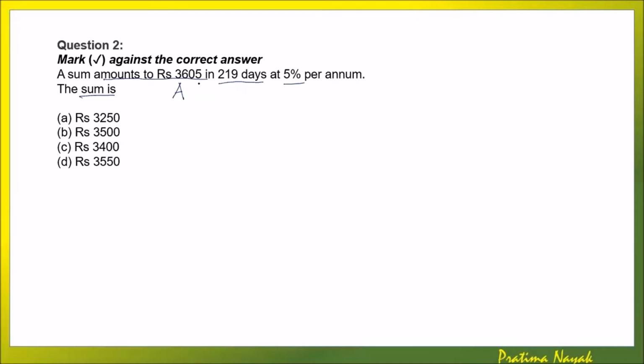So this is your amount, and we'll get the principal. Let the principal be P. Then SI is equal to P into R into T. R is 5% per annum, 5 by 100, and time is 219 by 365.